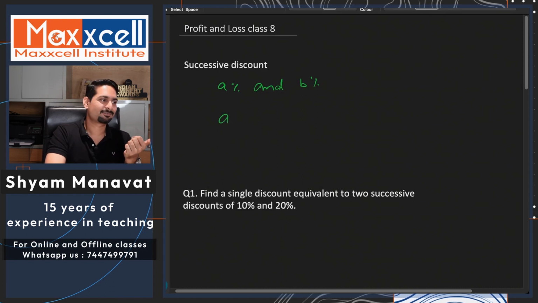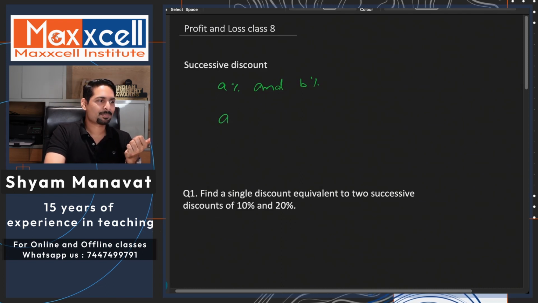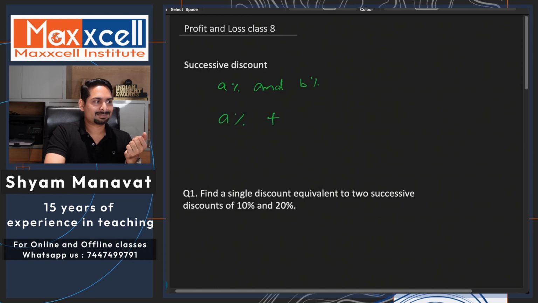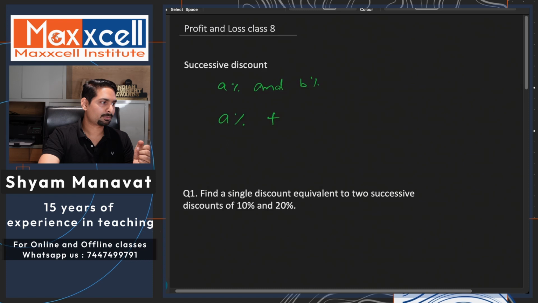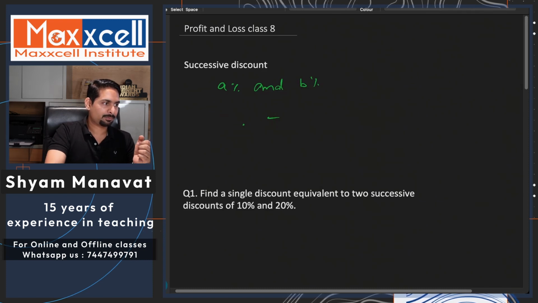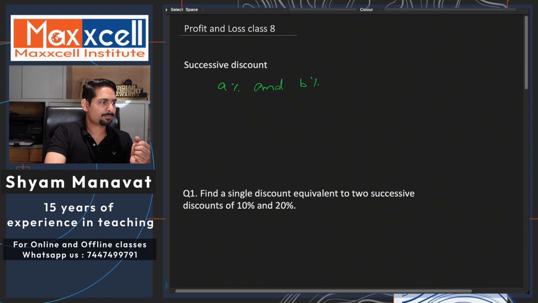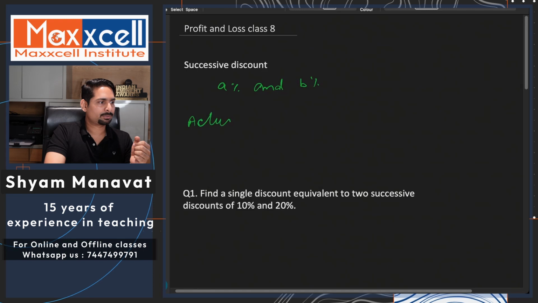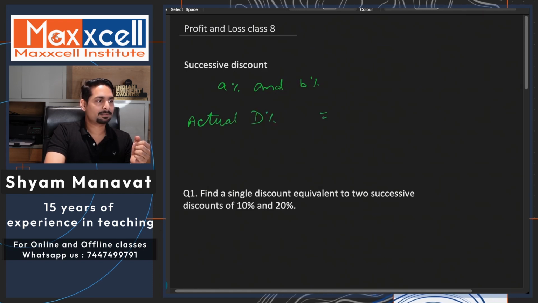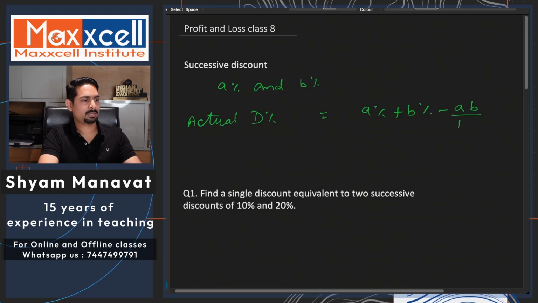So no worries. If there is a successive discount of A% plus B%, the resultant discount, the final, actual discount percent will be A% plus B% minus AB by 100%.